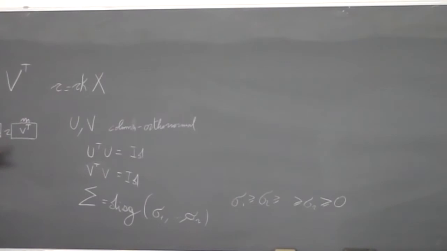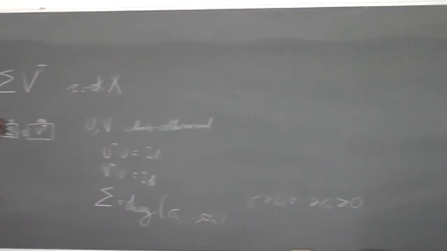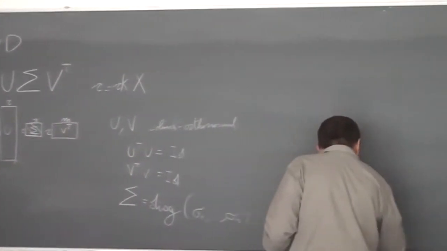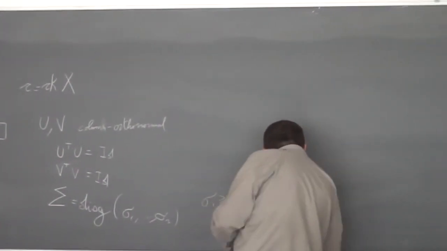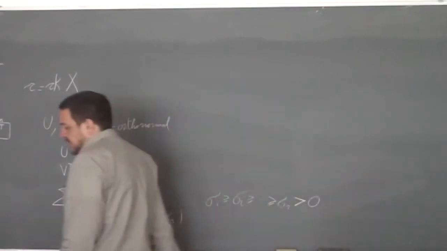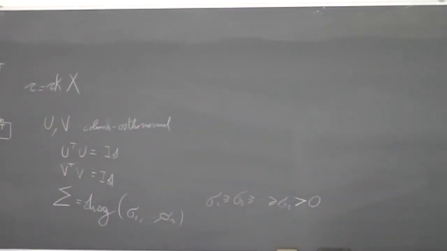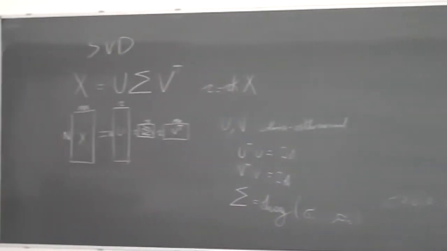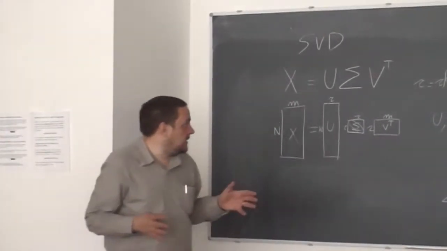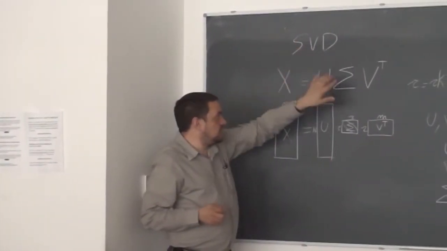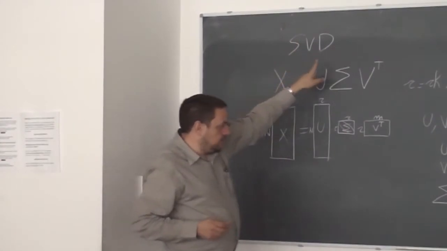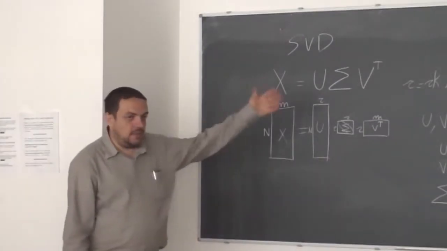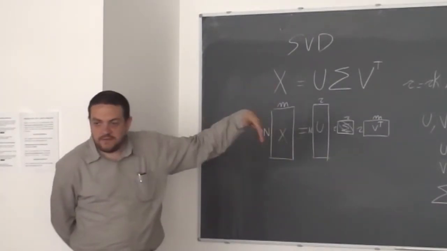Moreover, if R is the rank of the matrix, it means that there are no 0 values. So if R is the rank, sigma R will be strictly greater than 0. These conditions together define the singular value decomposition of the matrix. In particular, the sigma values are called singular values.